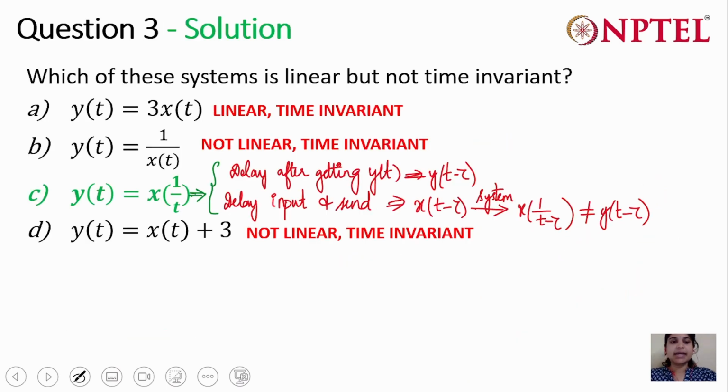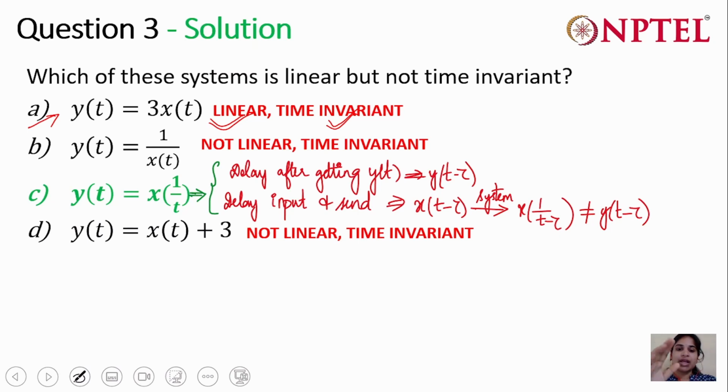Now let us see what the given systems were. First, y of t is 3 into x of t. We saw this example previously. It is a linear system directly, and it is also a time invariant system.